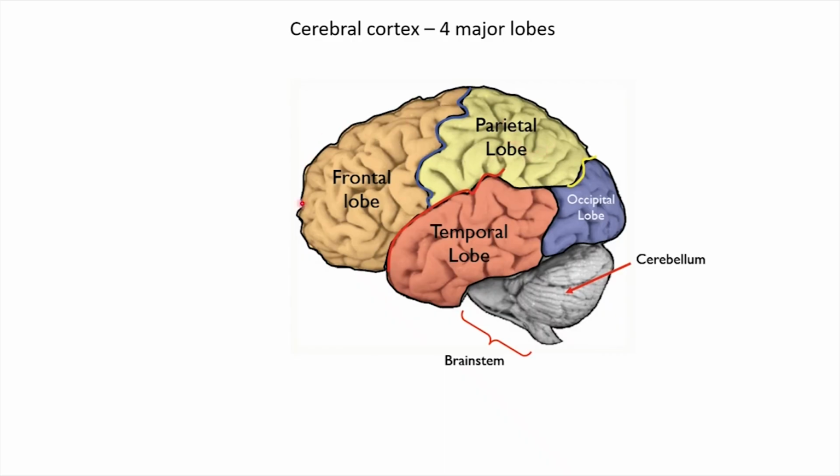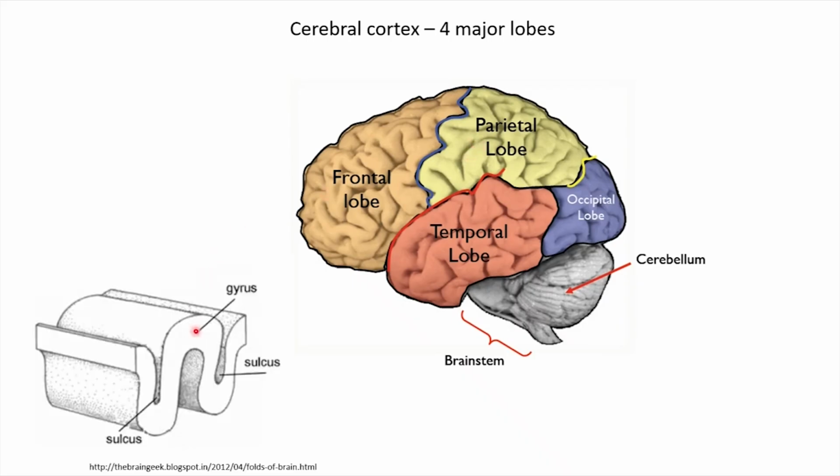These four lobes are separated by these valleys, and if you look carefully, even within a lobe, you can see there are lots of these hills and valleys. So the brain seems to be tightly folded, and it's forming these folds or kinks. The parts where the brain is folding out from top, so all these hills that we see, are called gyrus.